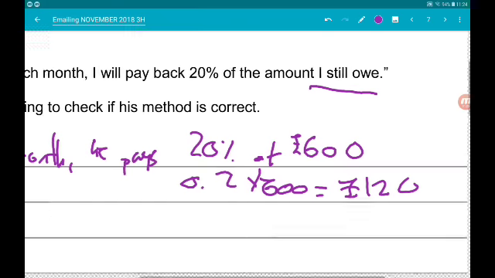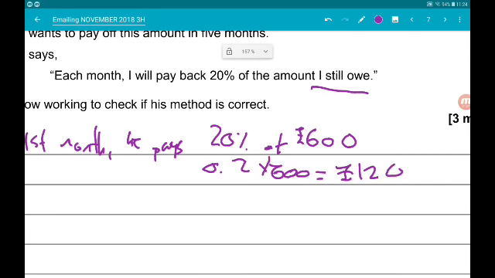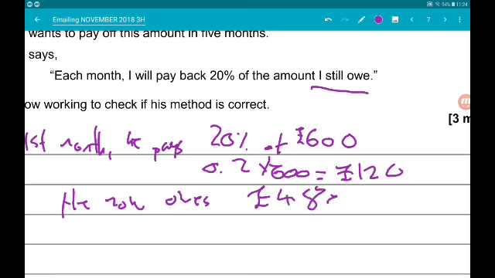So, then, he now owes 600 minus 120, so £480. So in the second month, he's going to pay back 20% of £480. Now, we don't want to do this 5 times.